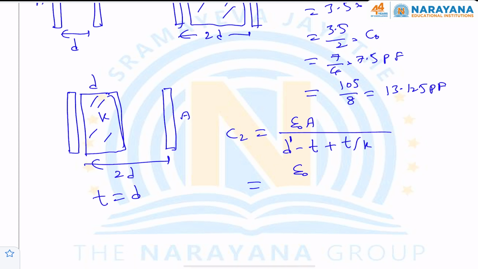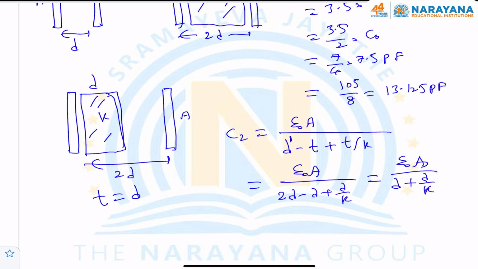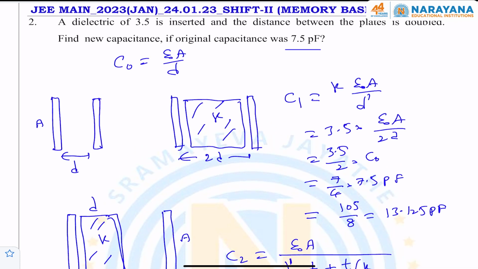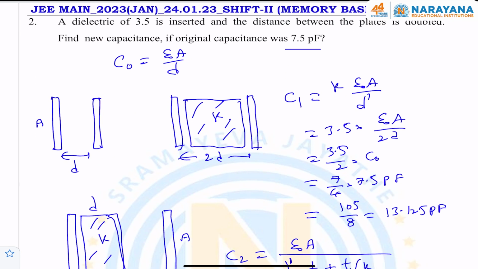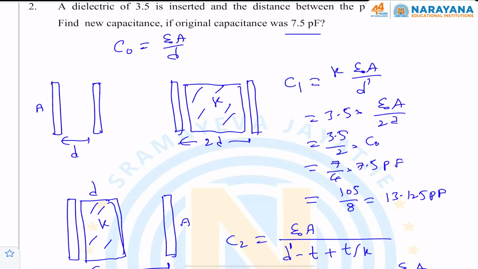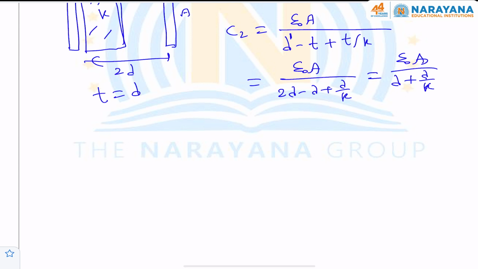So it will be epsilon naught A by 2D minus D plus D by K, which is epsilon naught A by D plus D by K. So we can substitute the values and get the second possibility. It seems it is the first one or the second one, exactly not clear. If it is the first case, we will get 13.125. For the second case, we can substitute here and check.